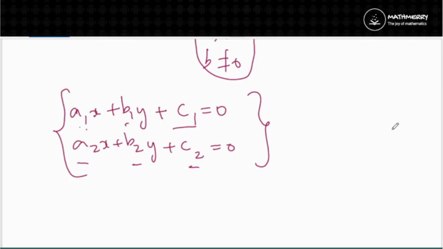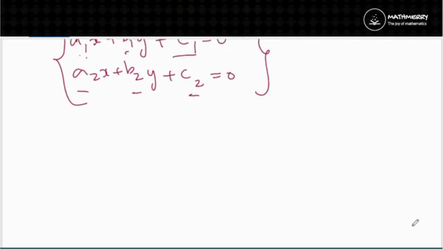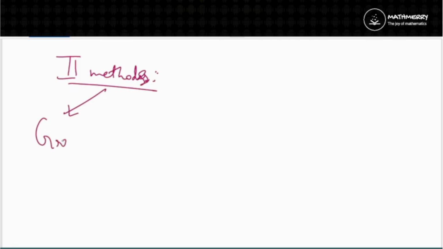To find out the solution, we have two methods. The first one is the graphical method. What we have to do is draw the graph and find out the solution. The second method is our algebraic method.